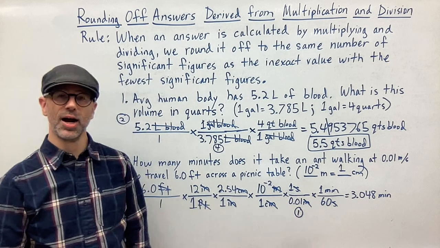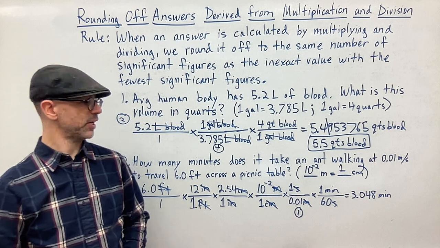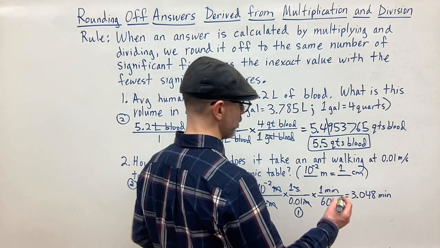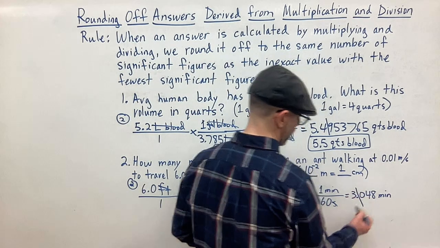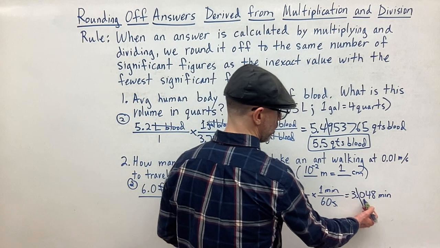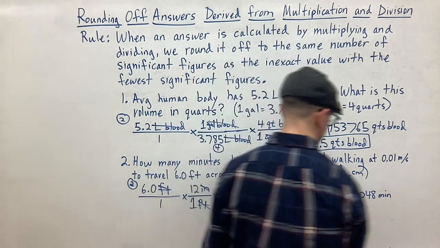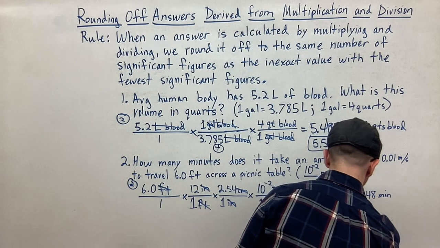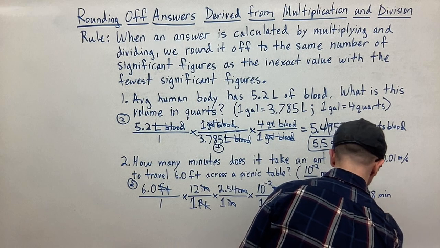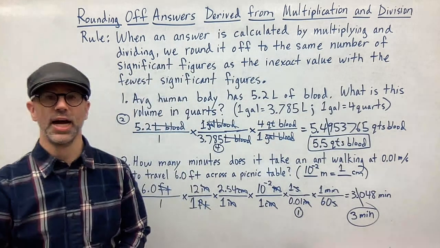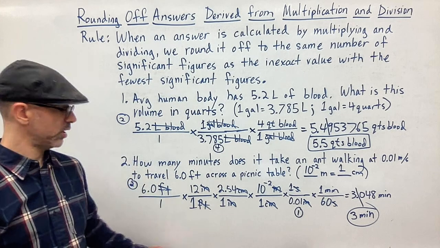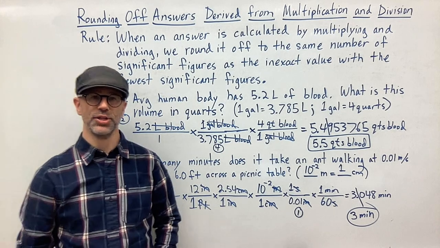So that means that our answer can only have 1 sig fig. So we have to cut off everything after the 3. And since this is a 0, we're not going to round up, so it's going to be 3 minutes. 3 minutes of time is what we are allowed to record as our answer.